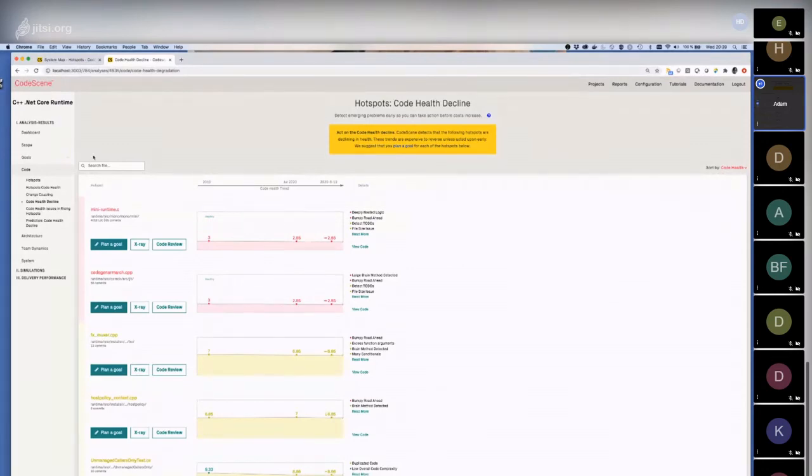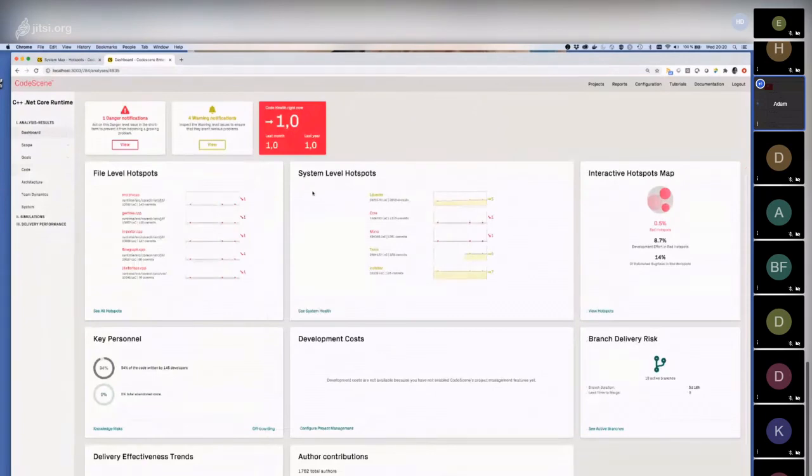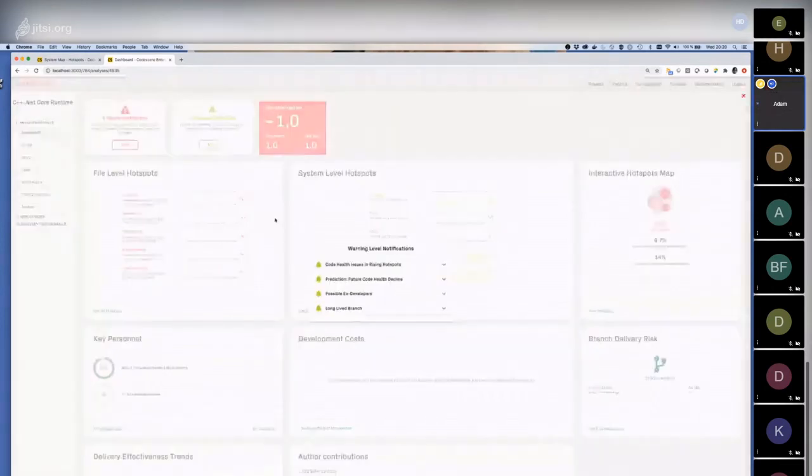And of course, CodeScene can take a step further because we have been analyzing so much code over the past year. So we have identified a bunch of patterns as well that can predict if code will decline in code health with a fairly good confidence. So we can warn for that, and that's even more actionable. So we have a warning here that says code health prediction, future code health decline in one hotspot.